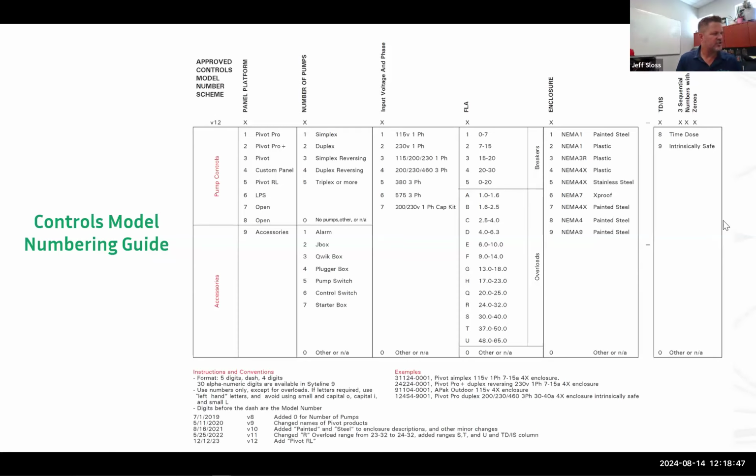So the integration with BAS or any sort of building maintenance system is going to be done using dry contacts. The Z-Control is only Pivot Pro. Dry contacts are an open enclosure system that changes state when there's alarms, when there's pump runs, that kind of thing.